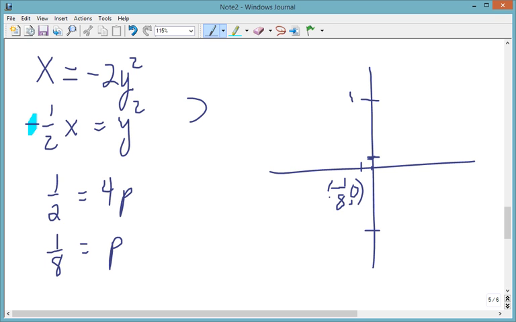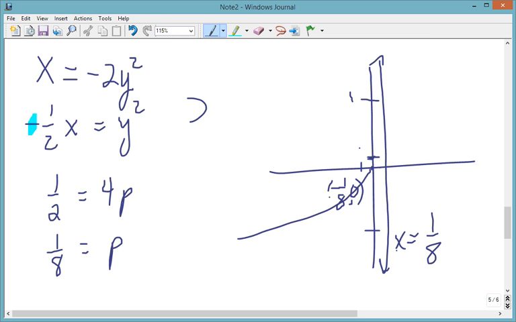That's my focus. My directrix is over here at the line x equals 1/8. My focal diameter is 1/2, so that would be 1/4 this way and 1/4 this way. So it would look like this. And so do you see how I've gotten all those little bits of information in here? It can turn out any direction at any time. Okay?